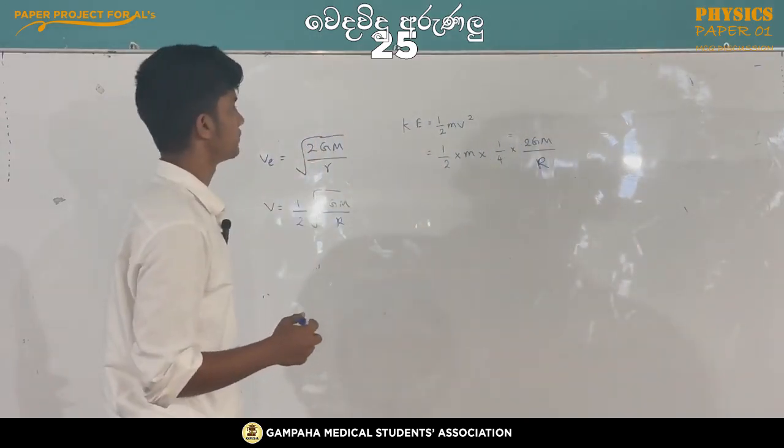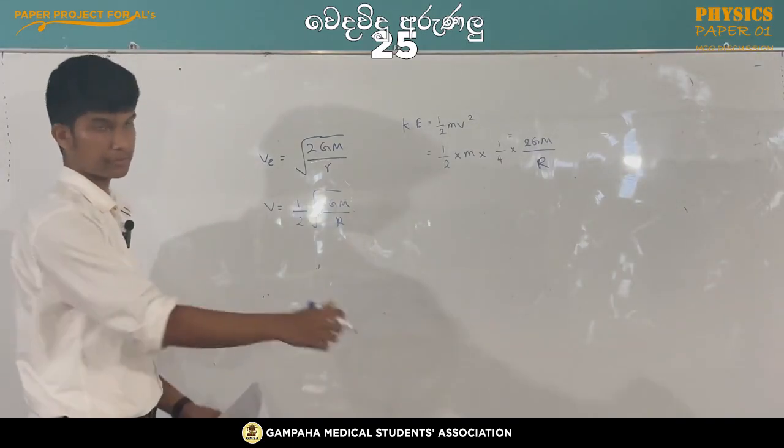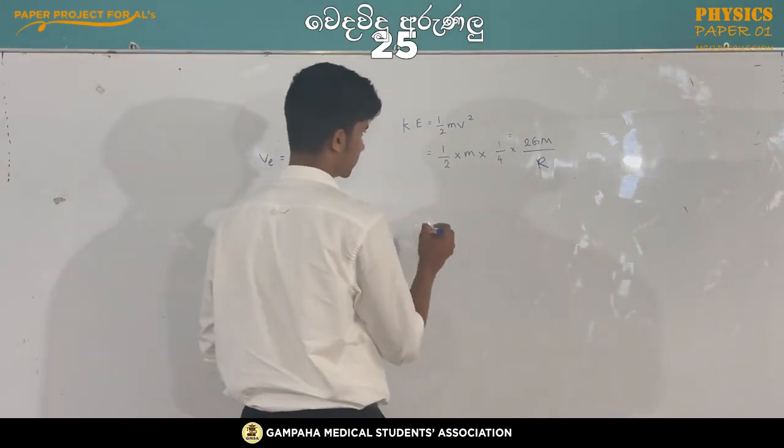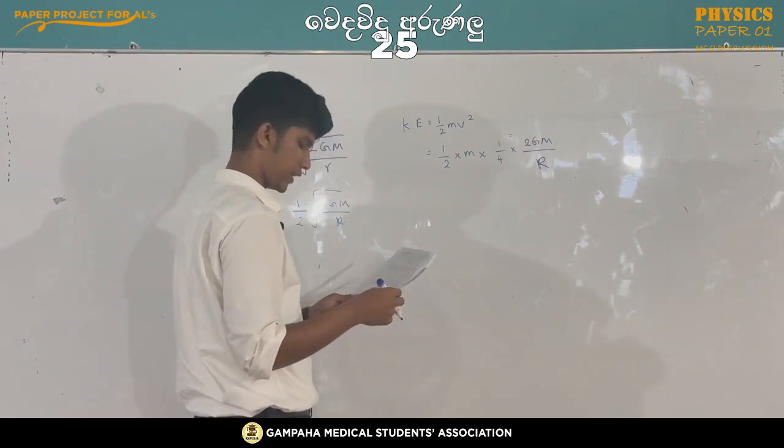So now you have to apply the law of conservation of energy. You can add the kinetic energy and the potential energy of the object, the initial kinetic and potential energy.